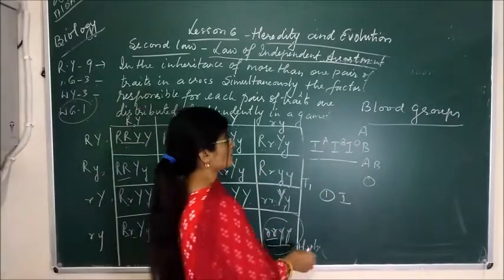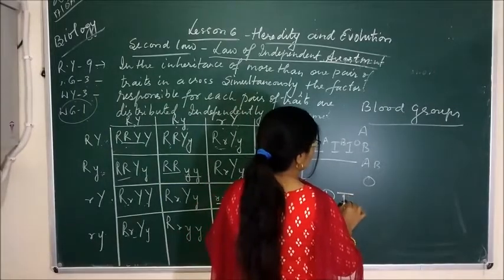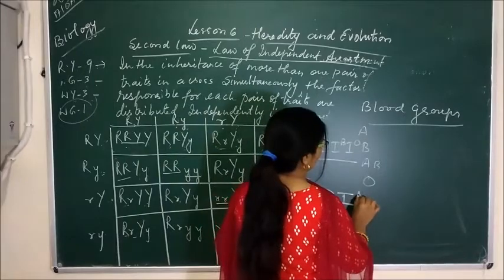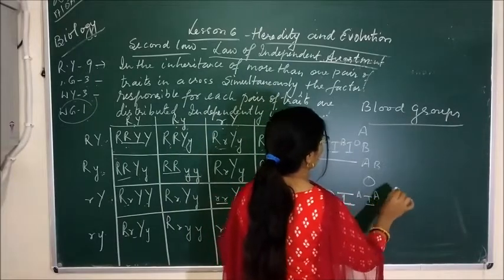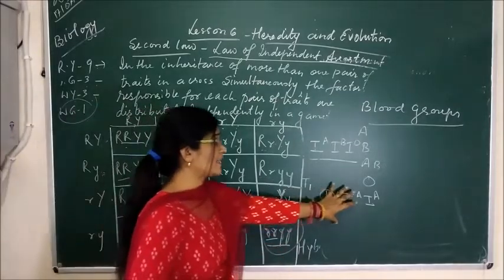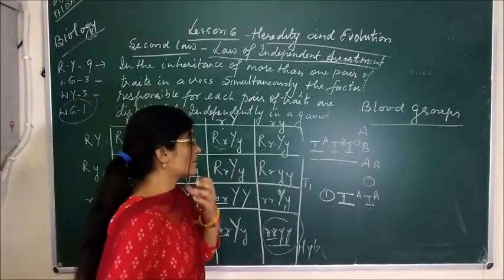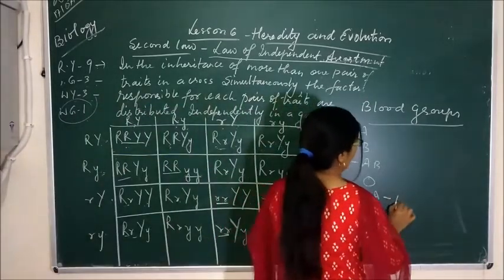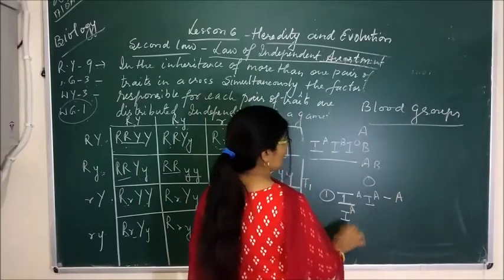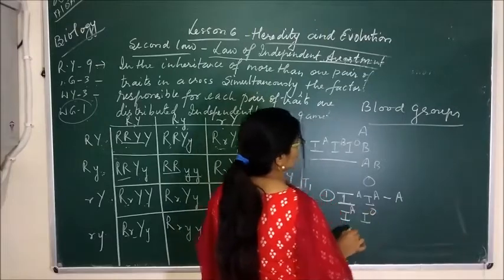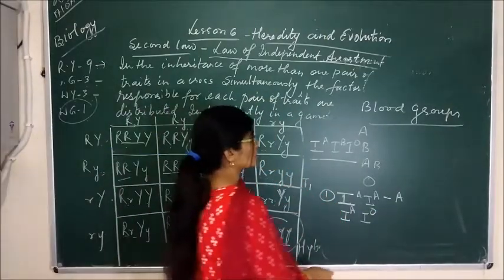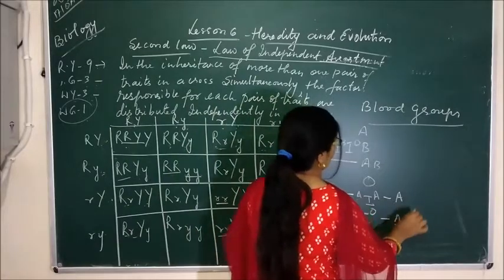So suppose our genes are IA and IA. Both are dominant, so our blood group will be A. And if one is IA, which is dominant, and the other is recessive, that is IO, then also our blood group will be A.